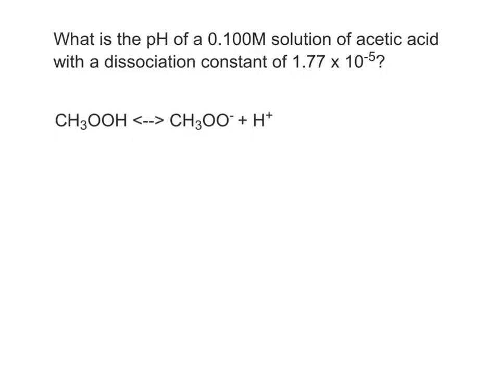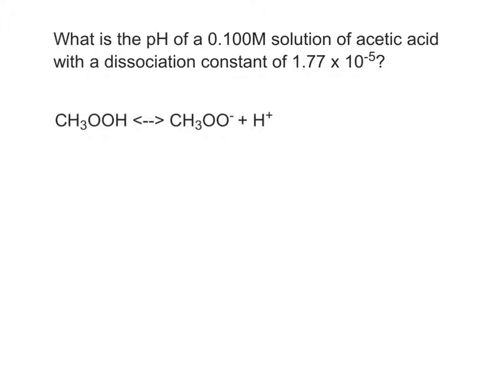Now, those are all strong acids and bases. What happens when it's a weak acid or a weak base? I'm going to show you an example with a weak acid, and you would do the same thing if it was a weak base. And again, if you're doing pH, pOH, you can do the minus 14 thing, or 14 minus at the end.